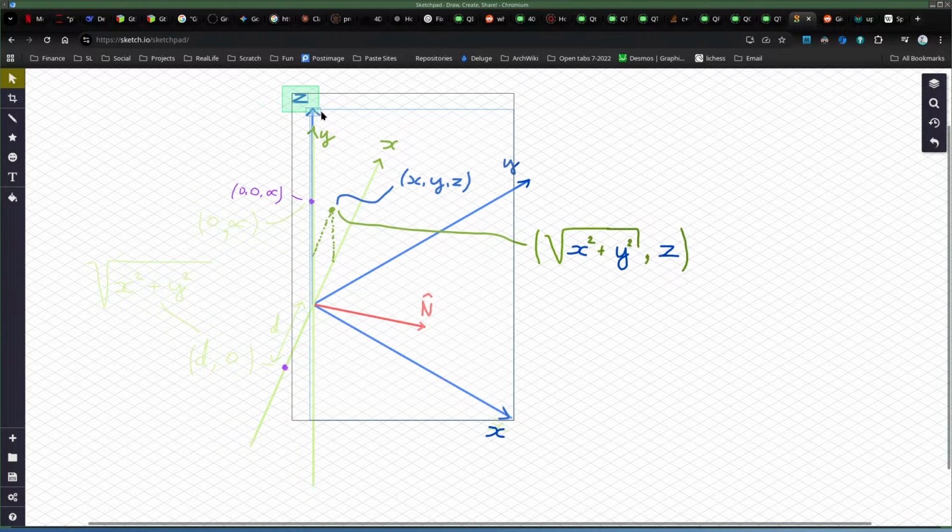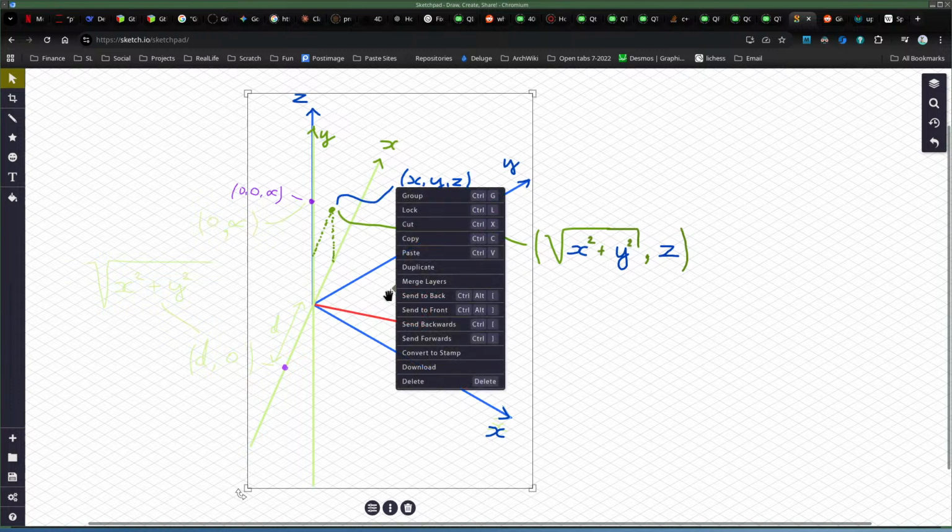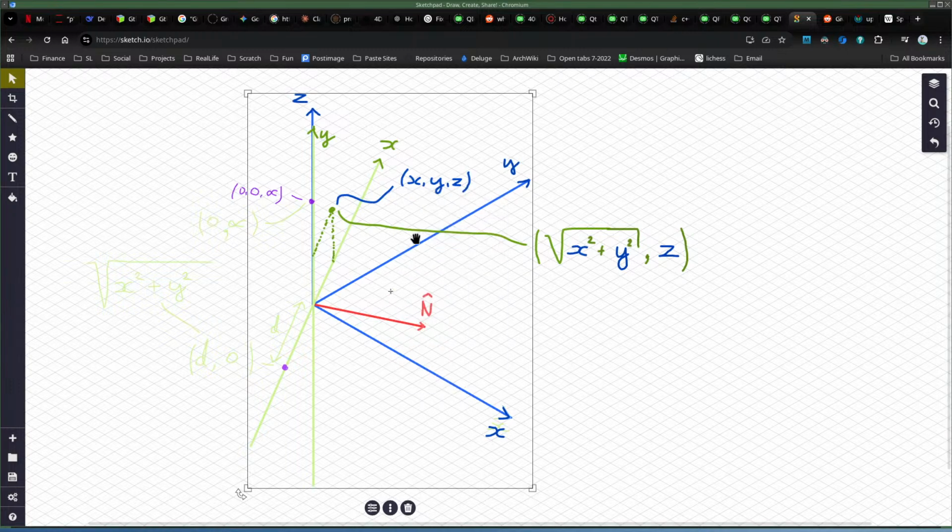Aha. Yeah, now it's gonna bring in a lot. I can delete it again, I suppose.